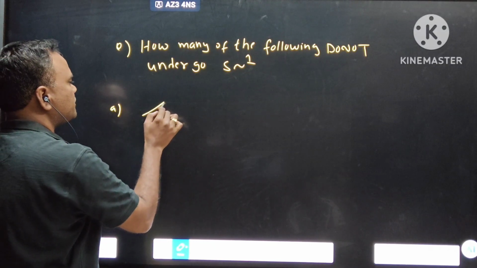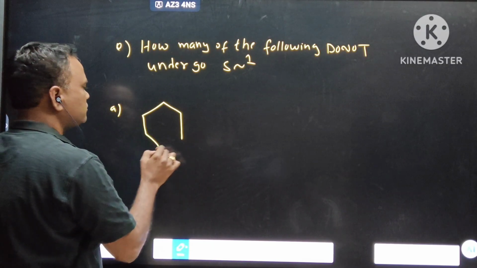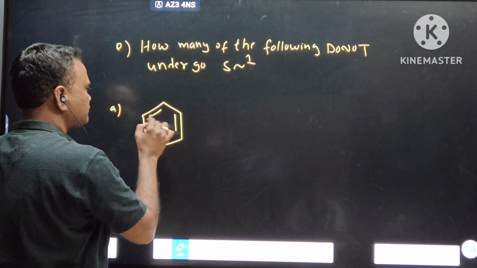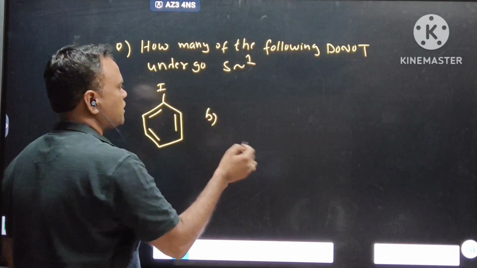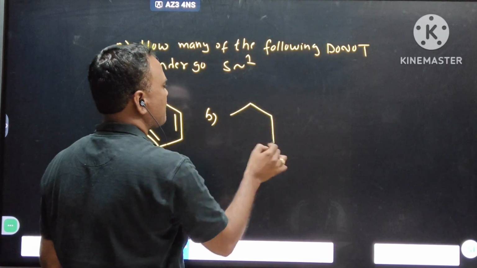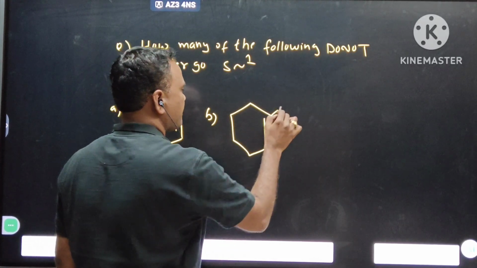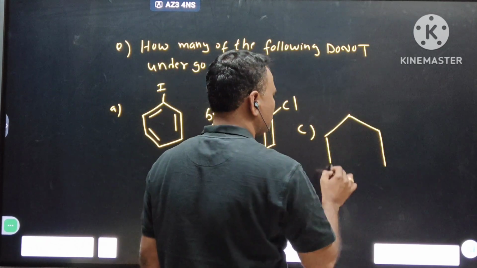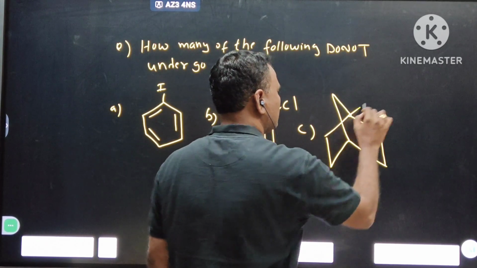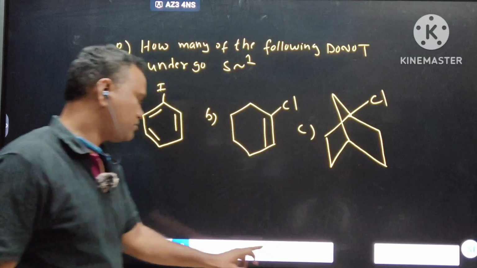Give the tick marks for the compounds which do not undergo SN1. Just say the answer, A, B, something like that. More than one correct answer.